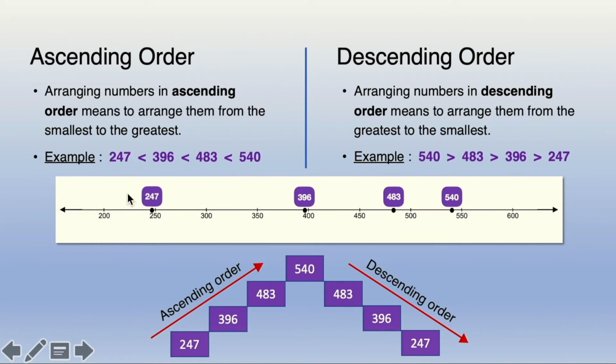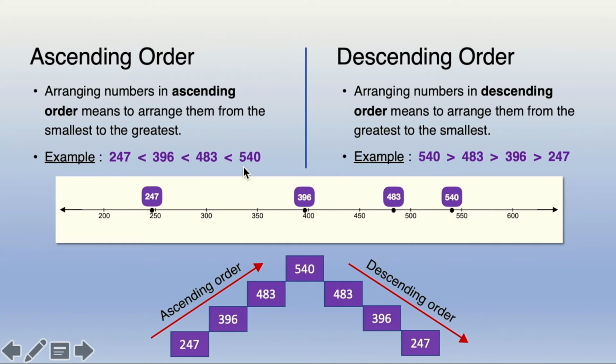Now, the next number along this number line out of these 4 numbers is 396, which is greater than 247, but it is less than the remaining 2 numbers. So this is our second number in the ascending order. Then the next number is 483, which is greater than 396 but less than the remaining number.